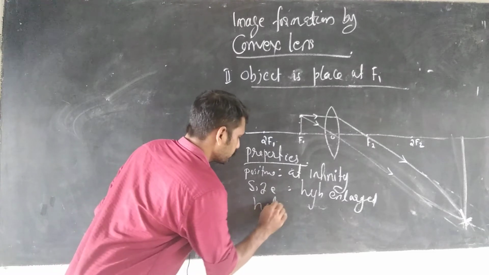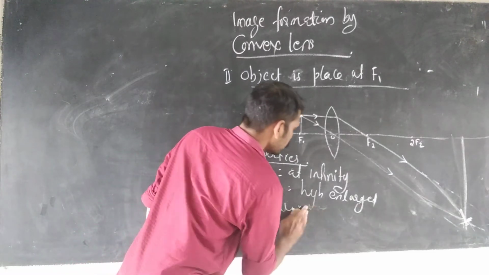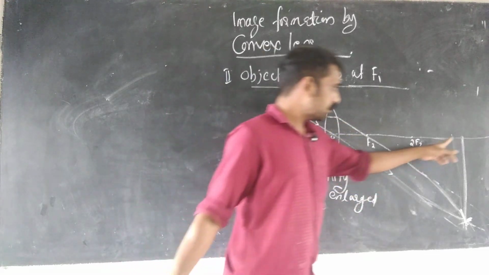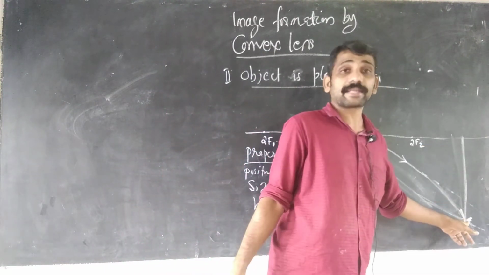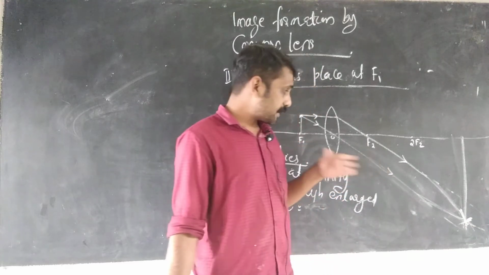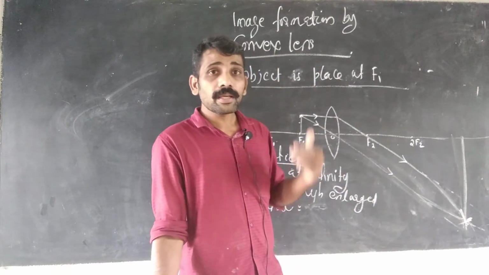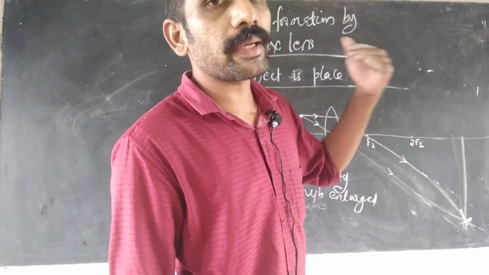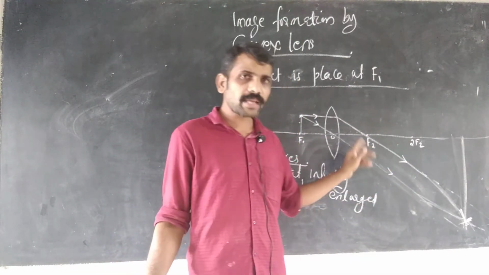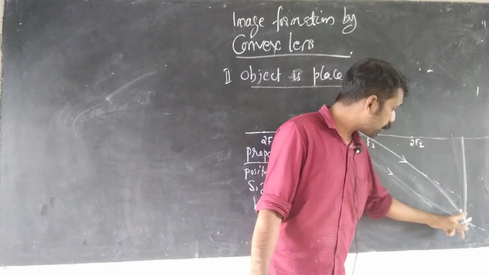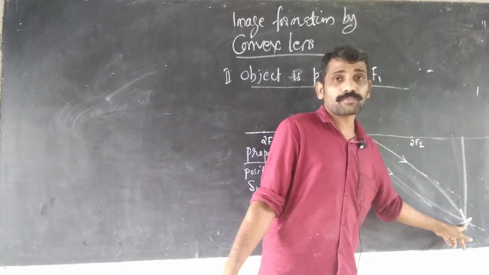Nature of image. Nature of image is what? Here the image is real. Because what is a real image? A real image is the image which is formed by the intersection of actual rays.